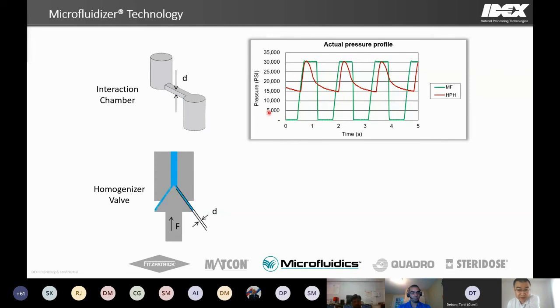As the plunger inside the intensifier pump moves forward to pressurize the sample, the process pressure quickly reaches the target pressure, or the set pressure, which in this case is 30,000 psi, and stays there for the majority of the cycle.